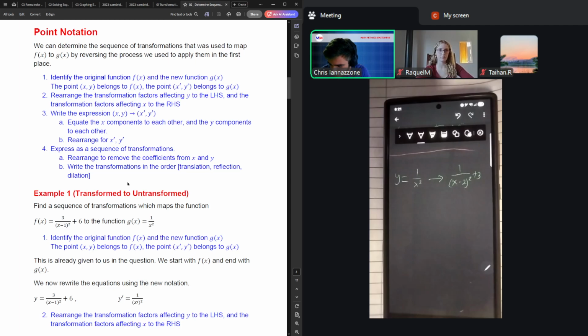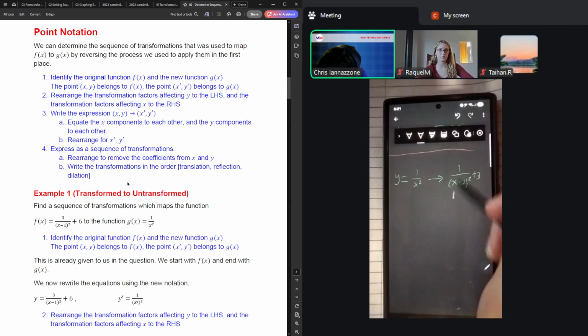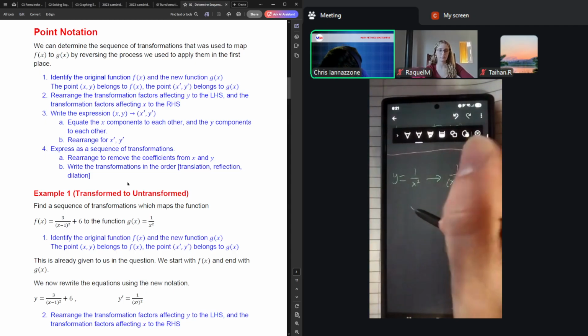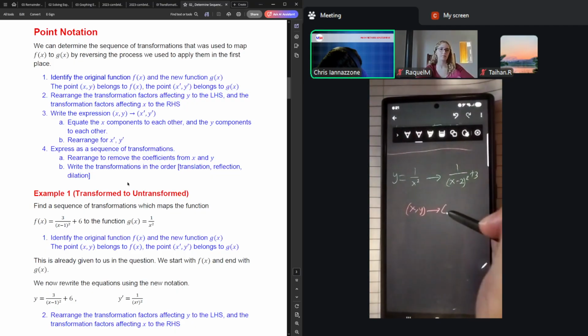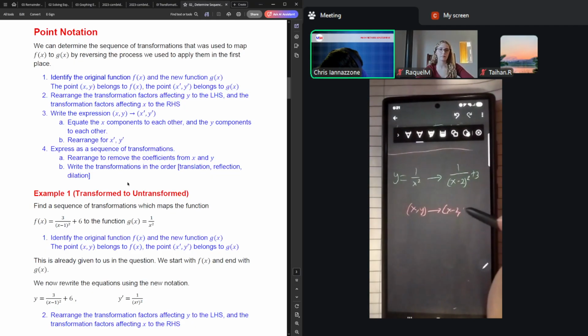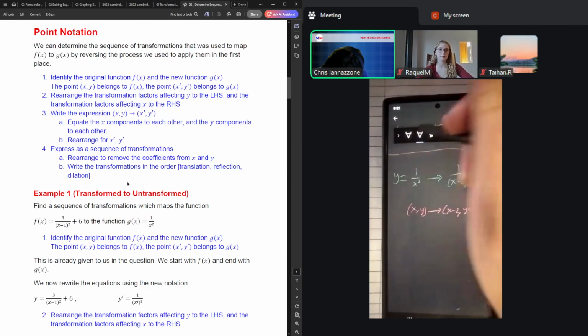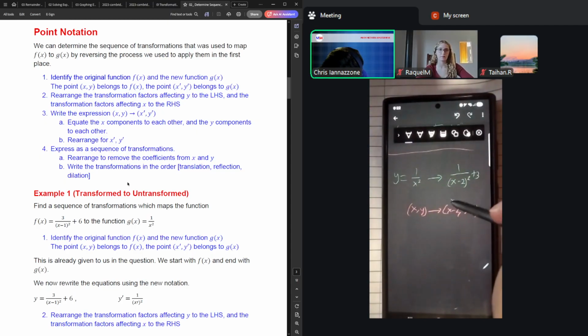Now, where you might get caught is if you're trying to do it in terms of x dash y dash notation, because if you just say x, y maps to x minus 2 comma y plus 3, you just got to remember that x dash and y dash in transformation notation, you essentially have to reverse what you've already reversed in x.